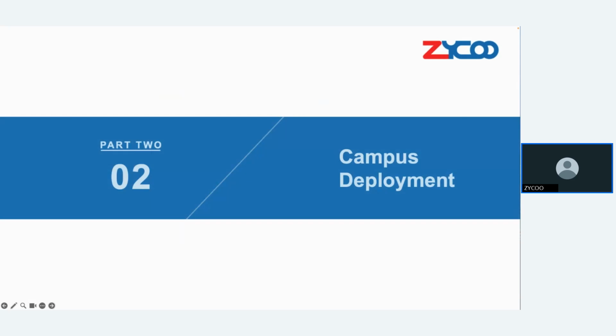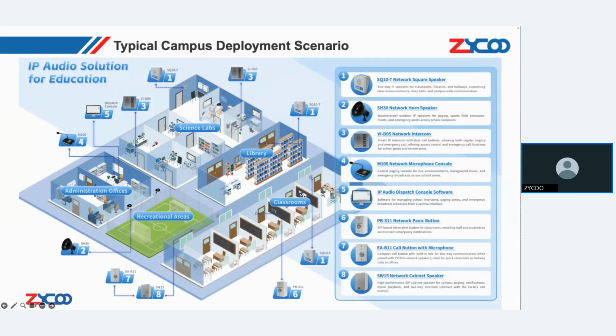And now let's take a deep look at the system architecture. Okay, this is the typical deployment in a campus scenario. You can see in this figure, in classrooms and libraries, we usually recommend you to use wall-mounted IP speakers such as the RG10, RG10-Time, or the IC15.